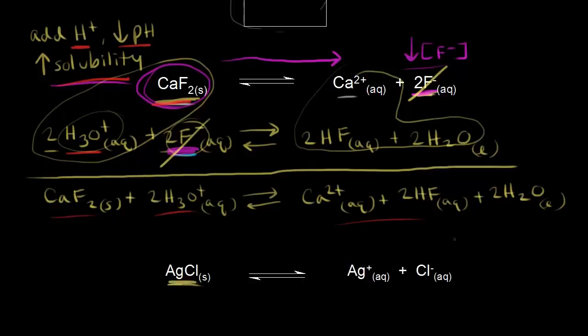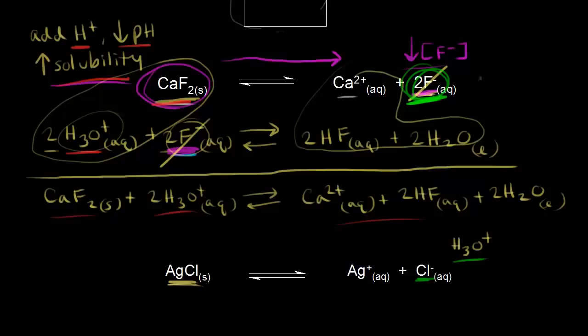And let's think about why. If you add acid, you're increasing the concentration of hydronium ions in solution. And what happened above was the fluoride anions reacted with the hydronium ions to shift the equilibrium. But here the chloride anion won't react with hydronium, and that's because the chloride anion is a much weaker base than the fluoride anion.